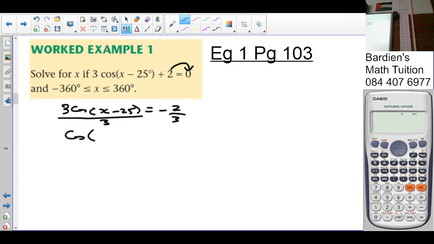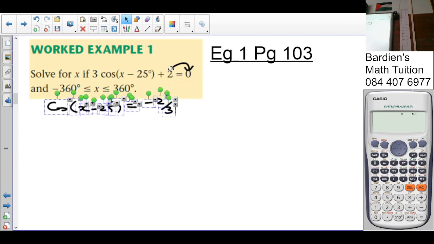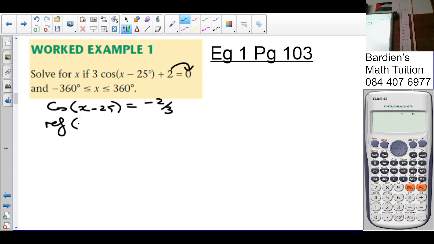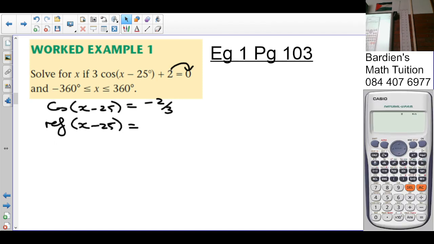So I get cos(x − 25) = −2/3. What do I do now? Reference angle, as we did before in grade 11. Our reference angle for x − 25: remember, I don't take the negative into account. So I say cos⁻¹(2/3).